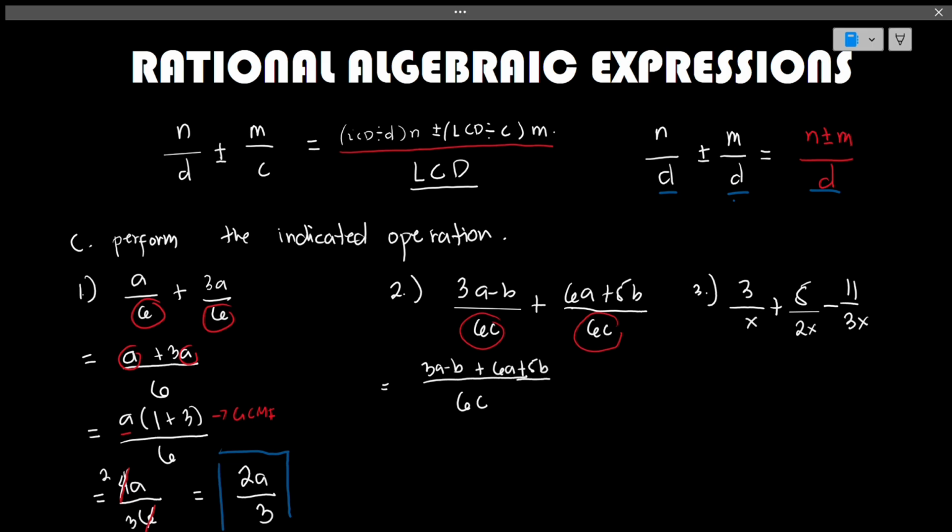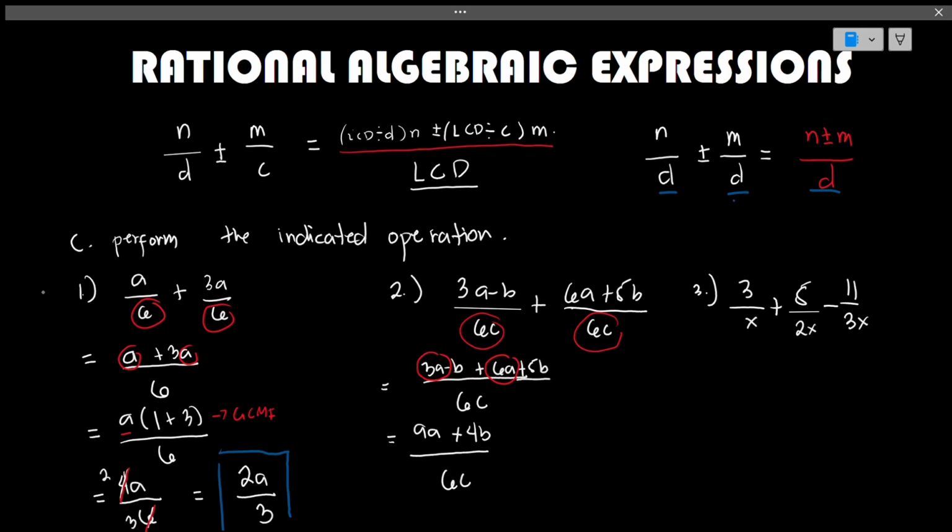Then let's combine like terms. What are the like terms here? We have 3a plus 6a, and the answer is 9a. Followed by negative b plus 5b, and the answer is positive 4b, all over 6c.